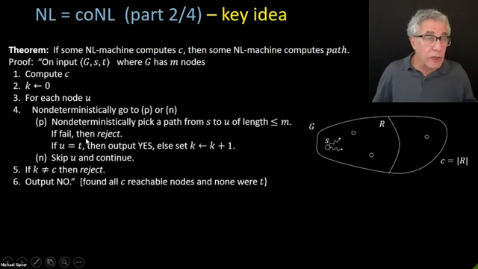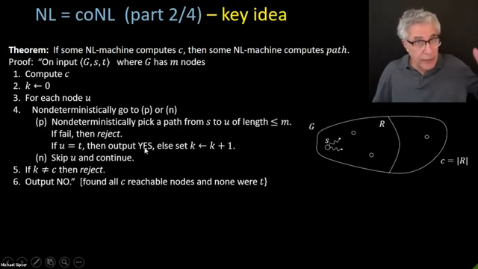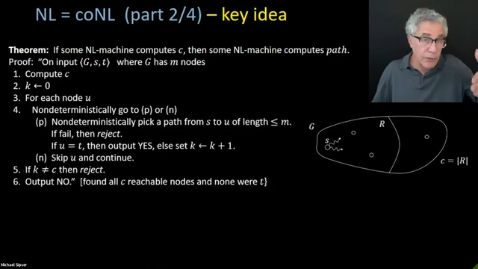If it picked T as one of the reachable ones, then it's going to output yes, or if it doesn't guess the right path, it'll end up rejecting on that path. But some path will end up saying yes.